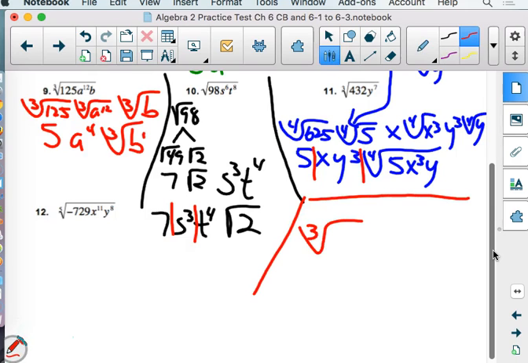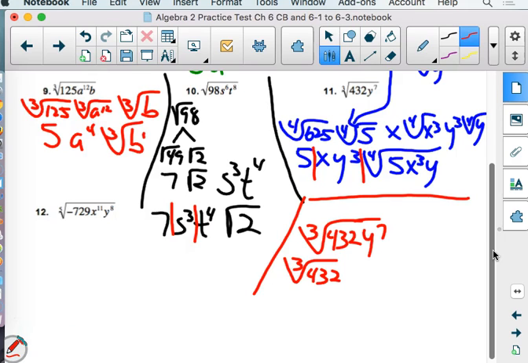Ooh, cube root of 432. Yikes. Y to the 7th. Well, I guess I'd try 8. Okay, but then there's still another 9 I could pull out of the other one. So, let's see.